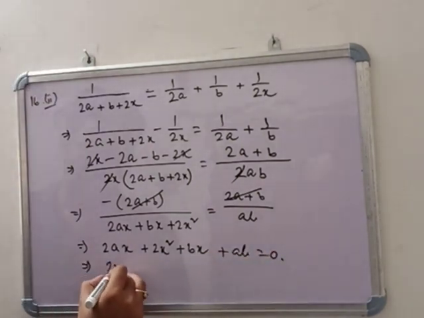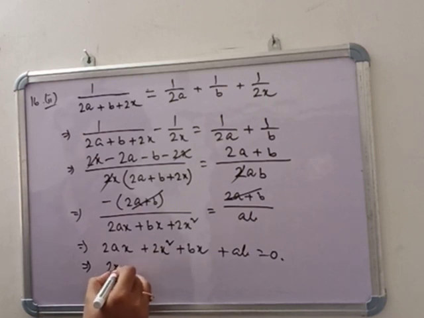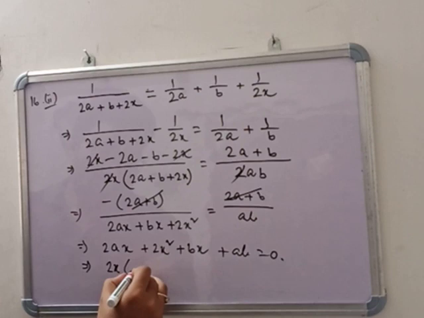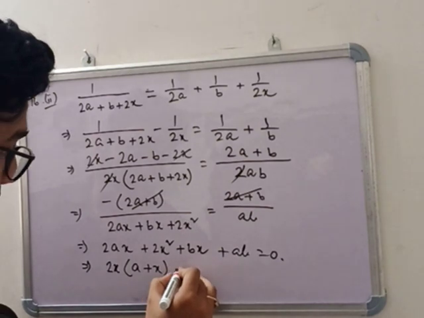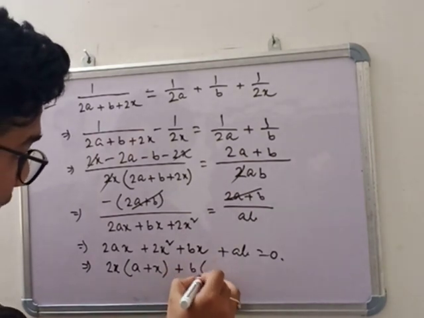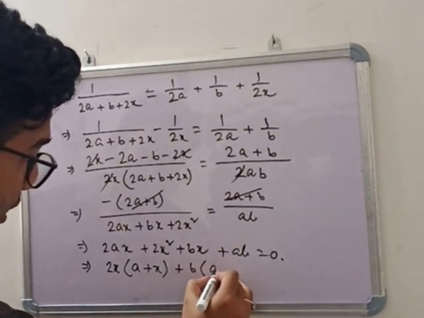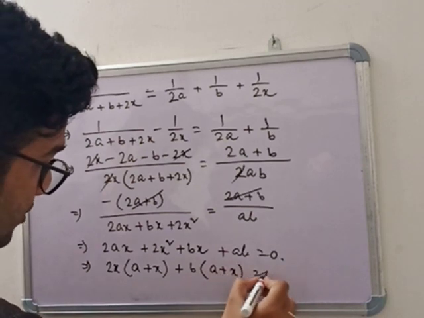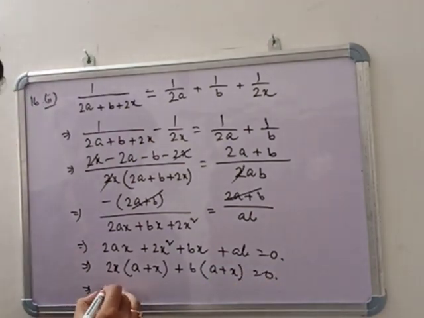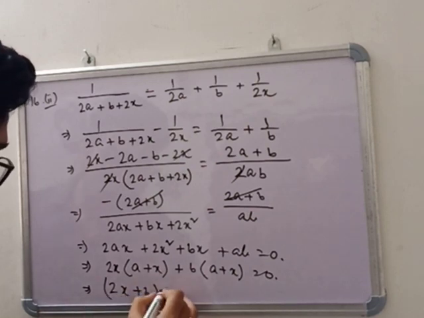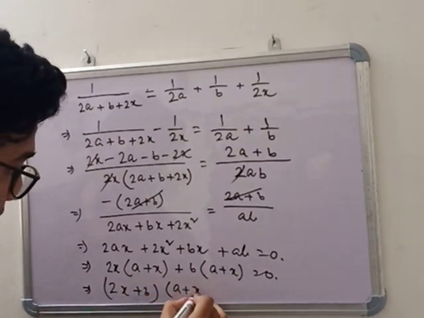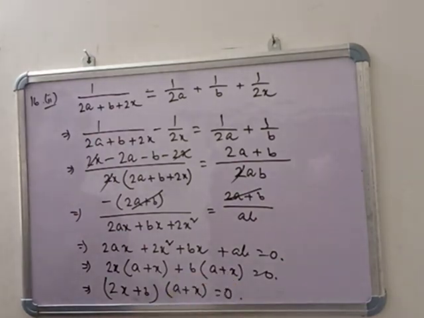So 2x common, that is (a plus x), and here also b common, (a plus x) equals 0. So that means (2x plus b)(a plus x) equals 0.